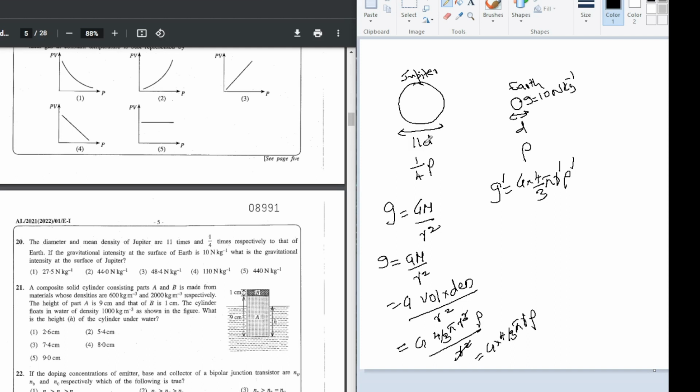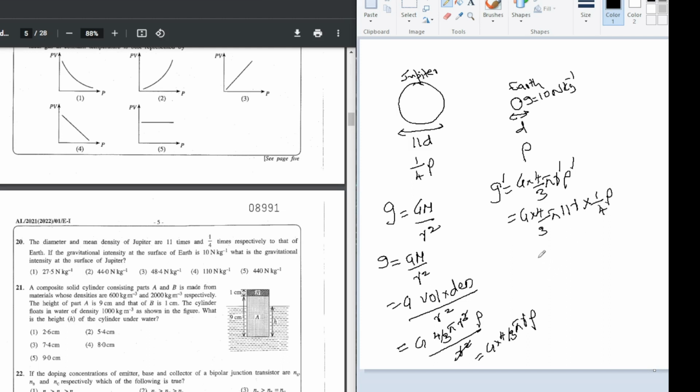Then radius of Jupiter is also 11 times the radius of the Earth. Therefore, we can write g dash equals capital G into 4 over 3 pi, R dash is 11 times R, into rho dash is 1/4 of rho.